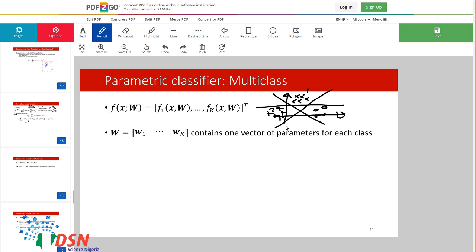It is one way to design multi-class classifiers, and we could put the parameters of each decision function in a matrix to have a weight vector for all of these decision functions.